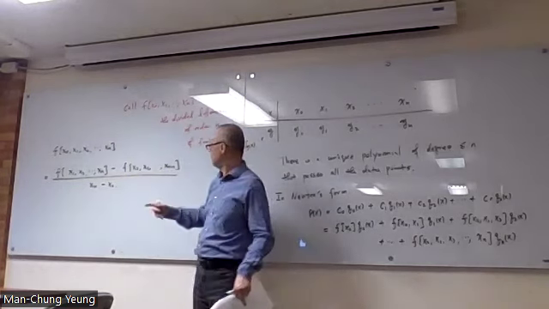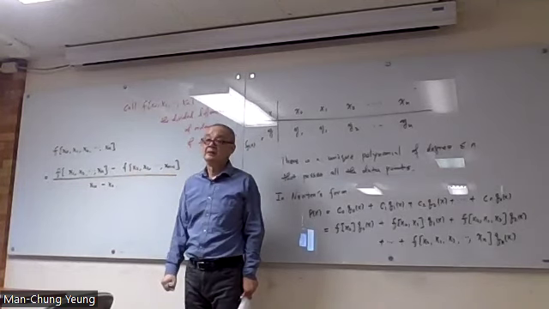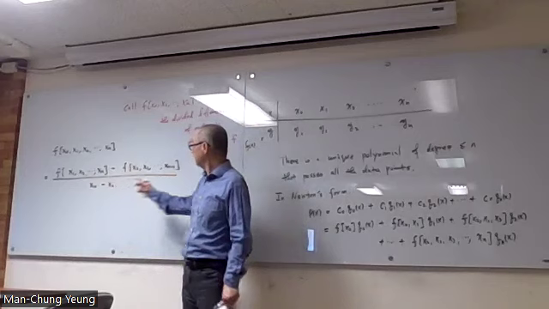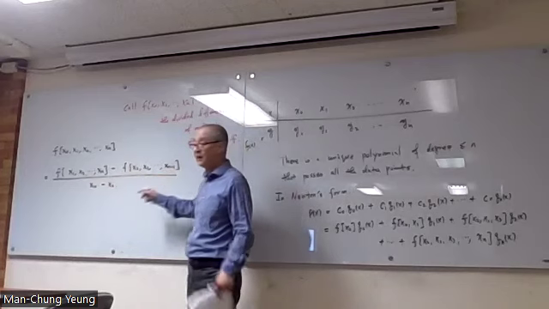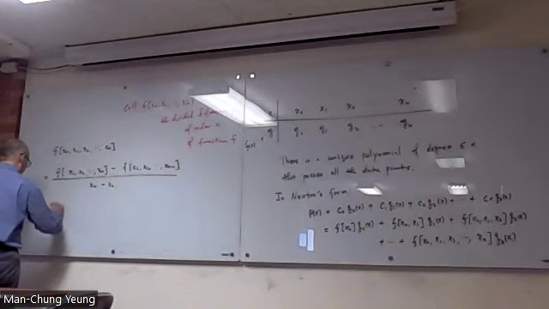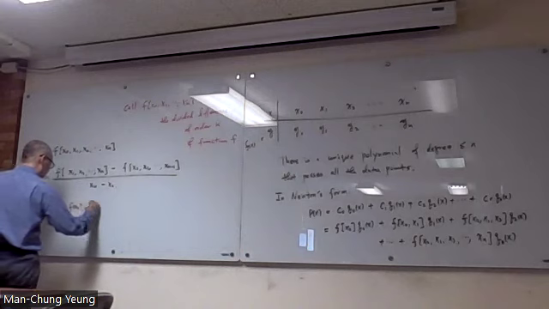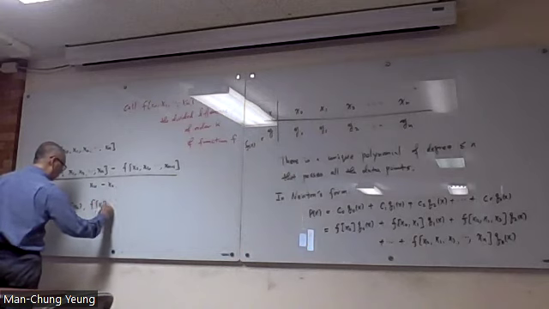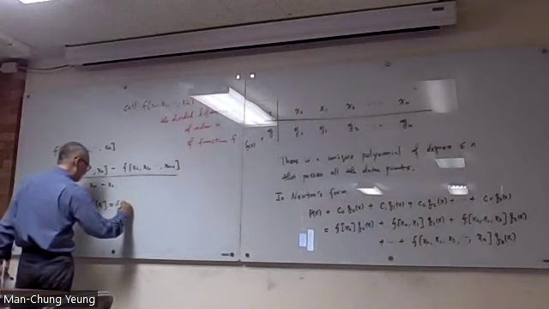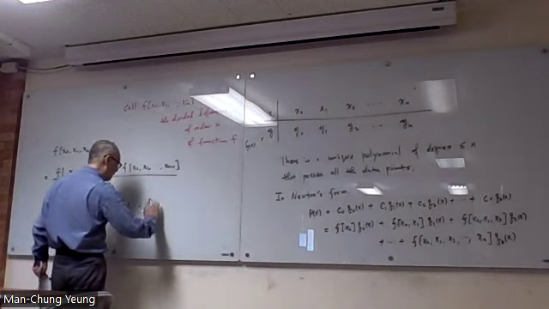The second definition is this formula. Now this is order n minus 1. How about order 0? The definition is this: the function value at x0, the function value at x1, and so on.